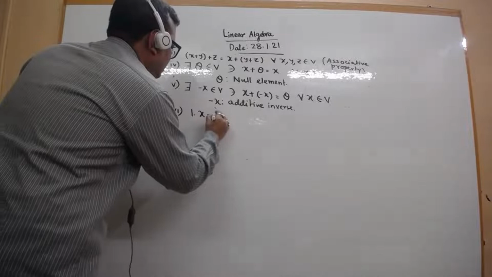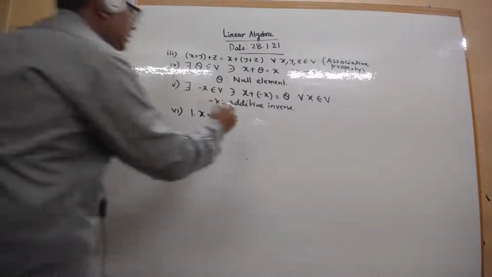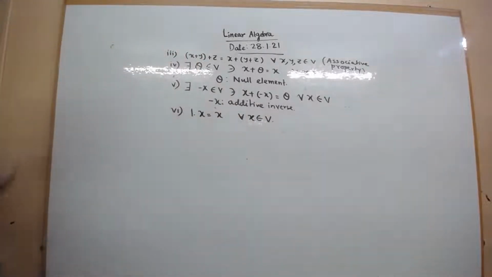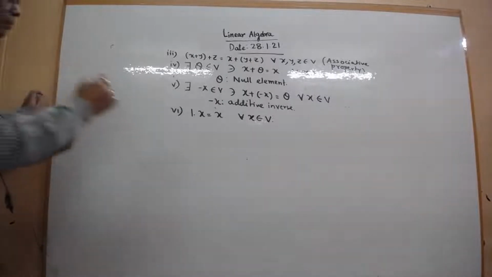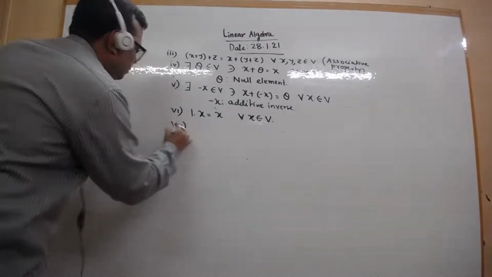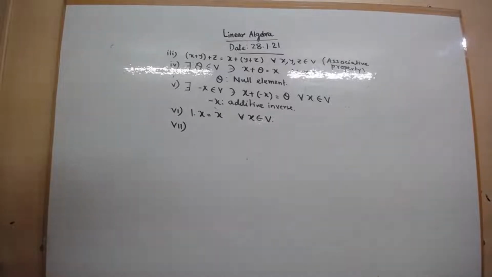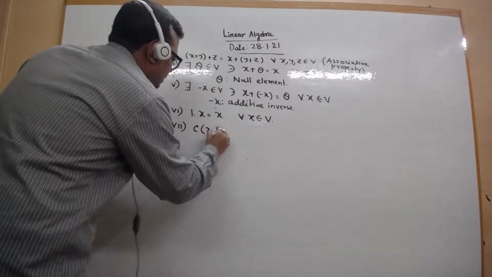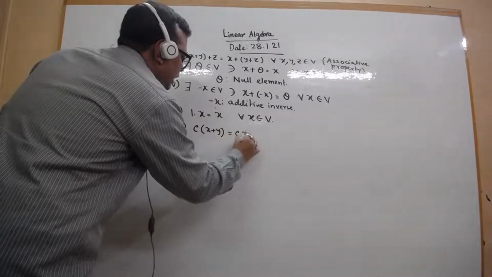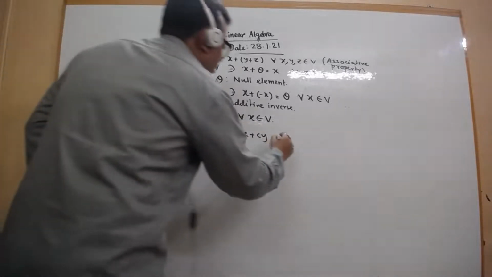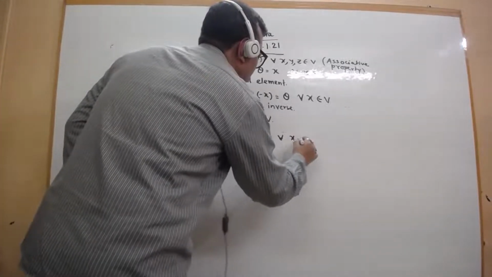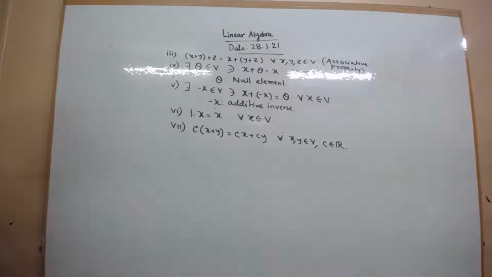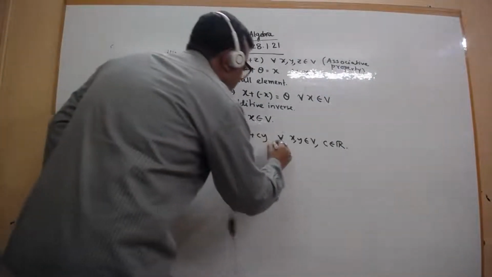One times x equal to x for all x belonging to V. Then c(x plus y) equals cx plus cy for all x, y belonging to V, c belonging to R. This is called the distributive property.